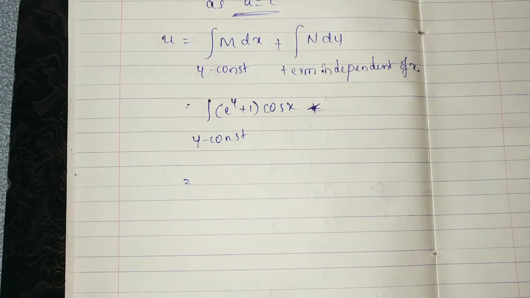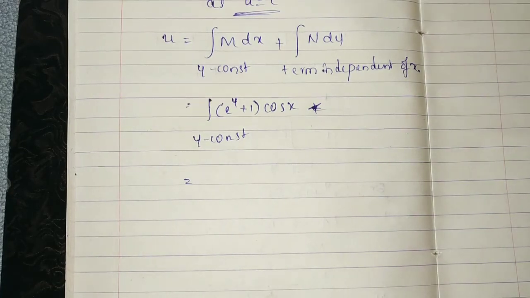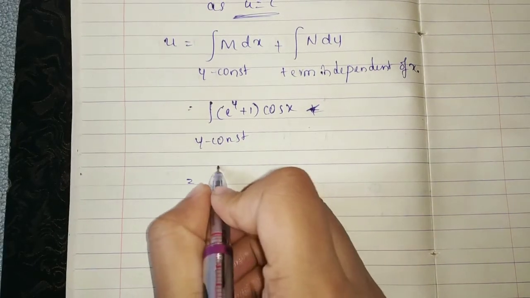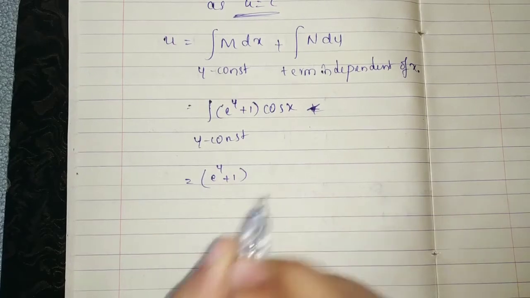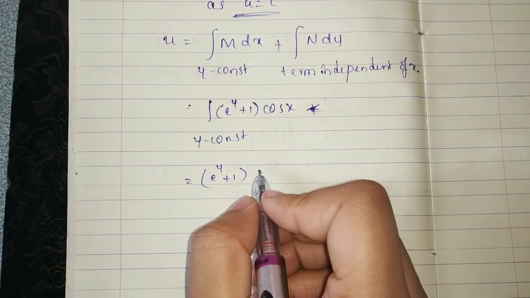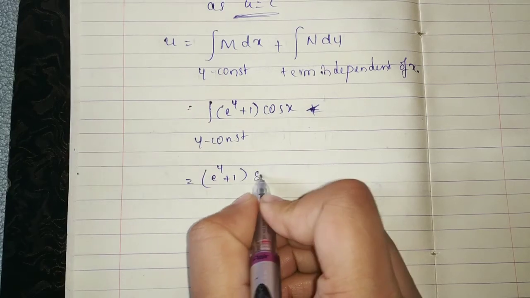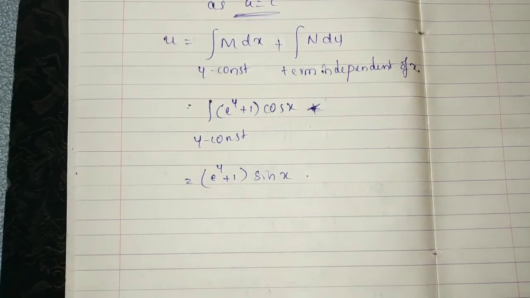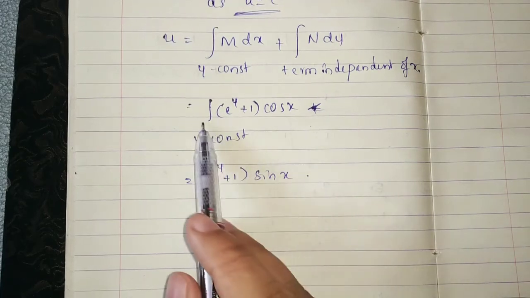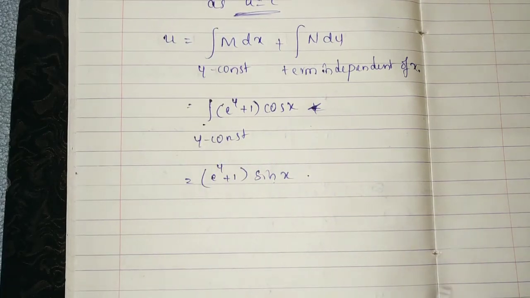Now this will be the integration of (e^y + 1) cos x. Here y is constant, which implies e^y + 1 stays as it is, and the integration of cos x is sin x.